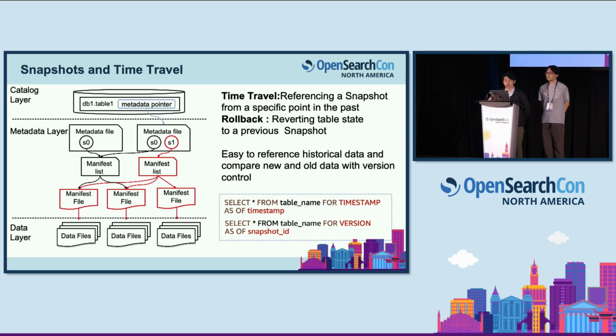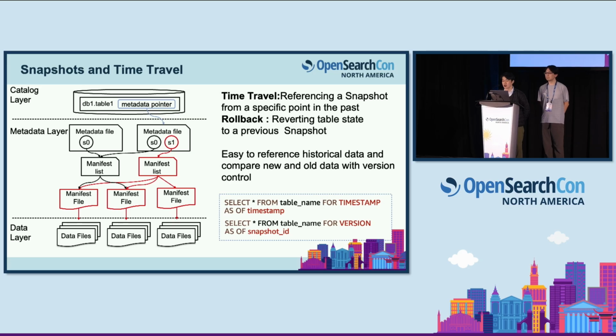And look at this picture. For example, when executing a time travel query specifying snapshot 1, the metadata file, which is shown as S1, the engine first refers to the metadata file of snapshot 1 to locate the manifest list and point it to snapshot 1.